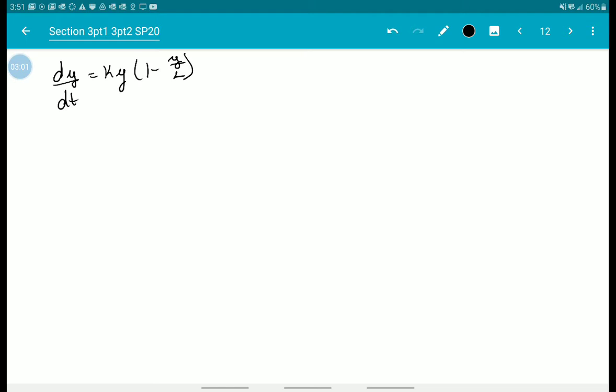We can solve this by separating the variables. So our first step would be to multiply both sides by dt and then divide both sides by y times 1 minus y over L. So that will separate our variables.